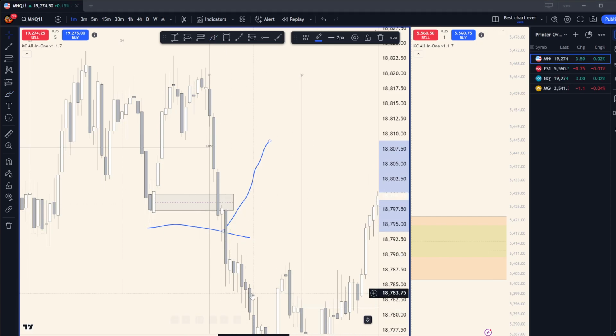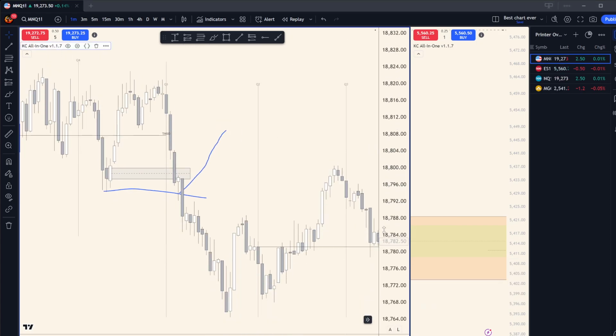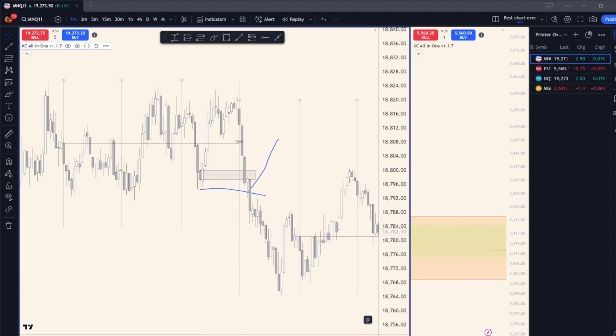I mean, you could, but I'd say that's pretty risky. So for me, it's definitely best to wait for the retracement or a retest of the fair value gap or the OB.